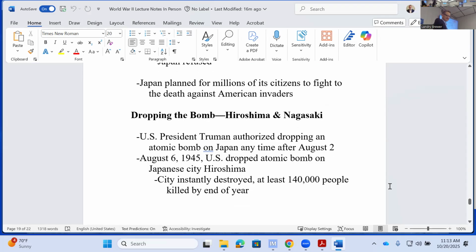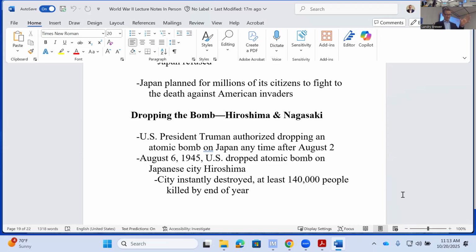On August 6, 1945, the United States dropped an atomic bomb on the Japanese city Hiroshima, or you may hear it pronounced Hiroshima. This first atomic bomb instantly destroyed the city, and the Hiroshima bomb killed at least 140,000 people by the end of the year.